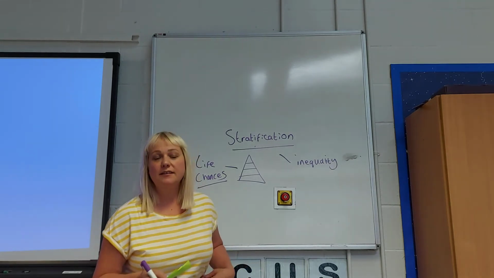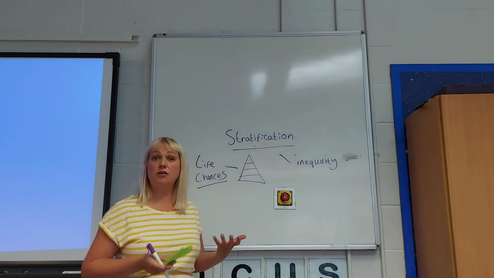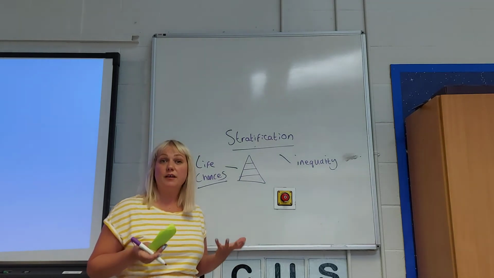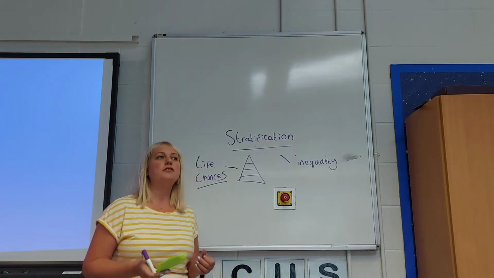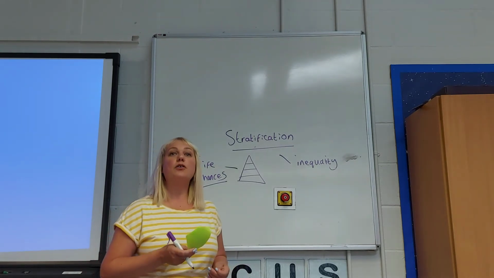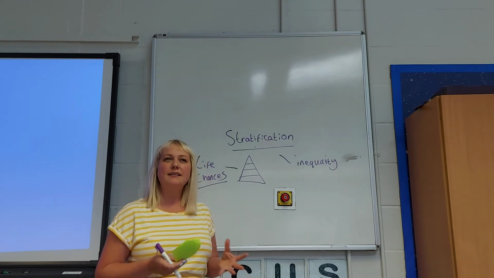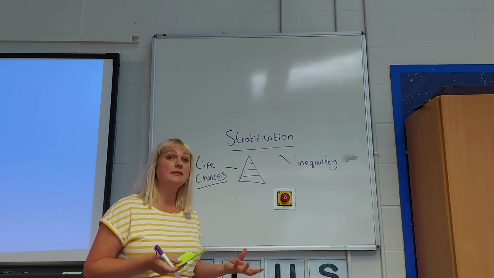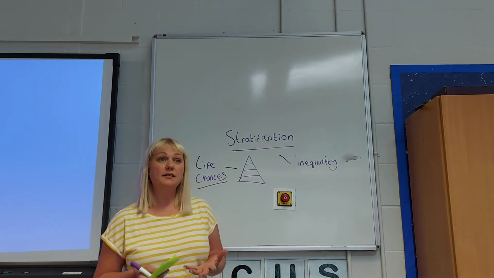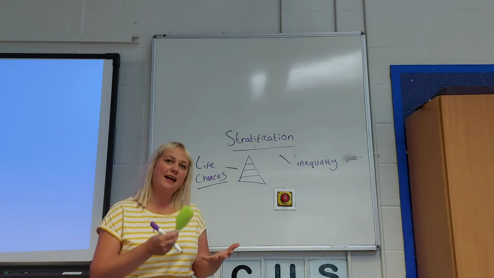Life chances include things like the chance at good, safe, clean housing, the chance at a good education, the chance at good health. Now you think, all right, is health a chance? Well, some things you can't control to do with your health. Other things come into things like, can you afford a healthy diet?